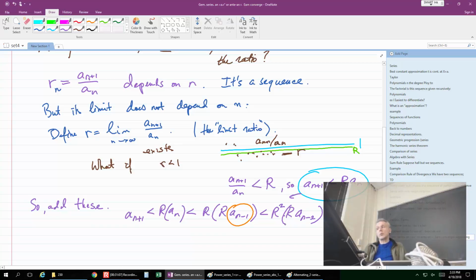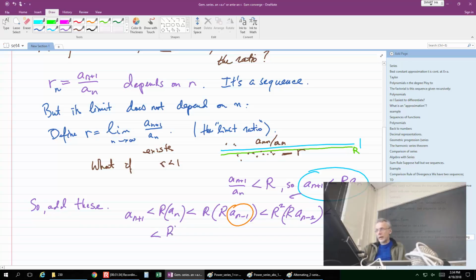I went one more step backwards, and then I keep doing it. At every step I move backwards, I have an extra appearance of R uppercase. Then you can guess how many times you're going to have it until you reach the very first element of the sequence: n times.